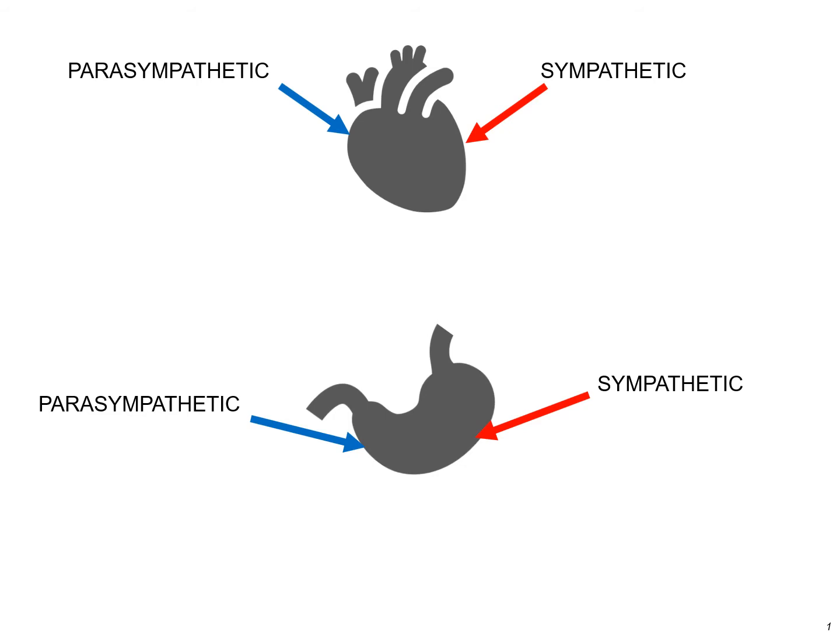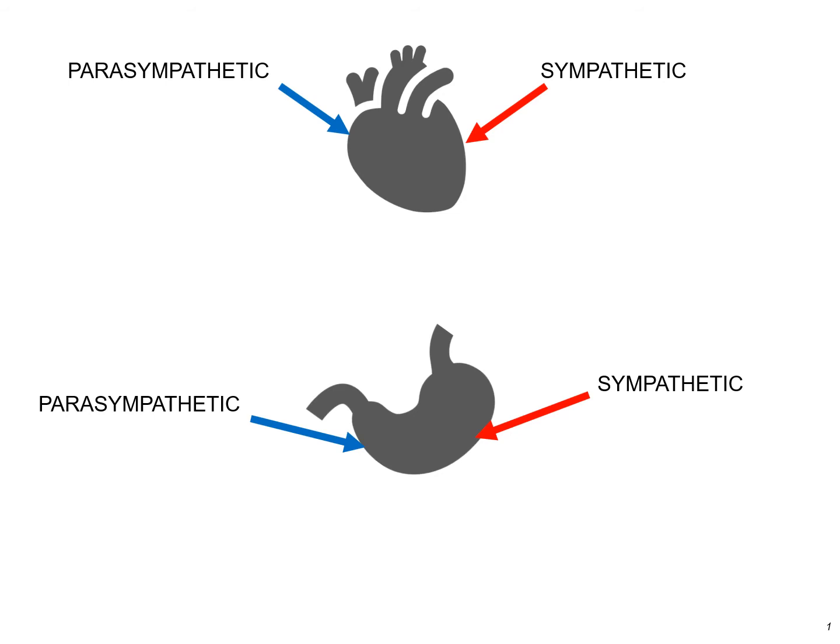So that's the first inkling that neurotransmitters released from the parasympathetic axons and the sympathetic axons are most likely to be different, and they are responsible for either the slowing down action on the heart or the speeding up action on the heart from the sympathetic division.